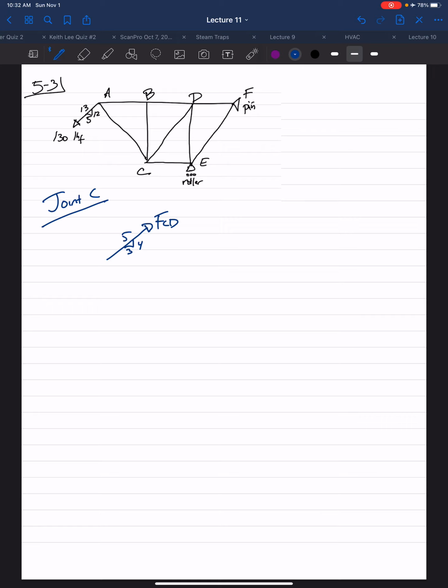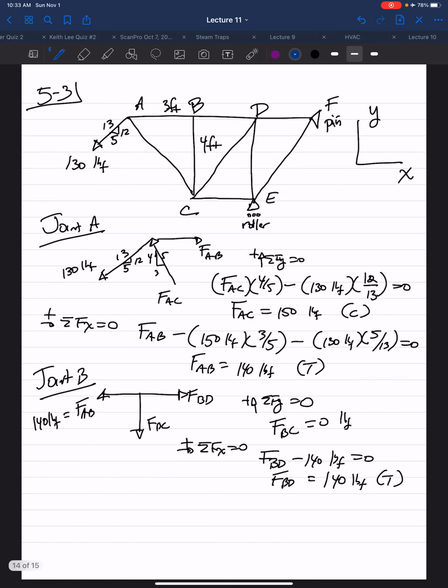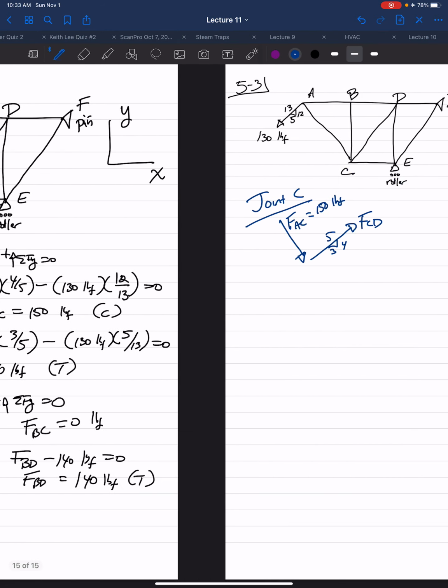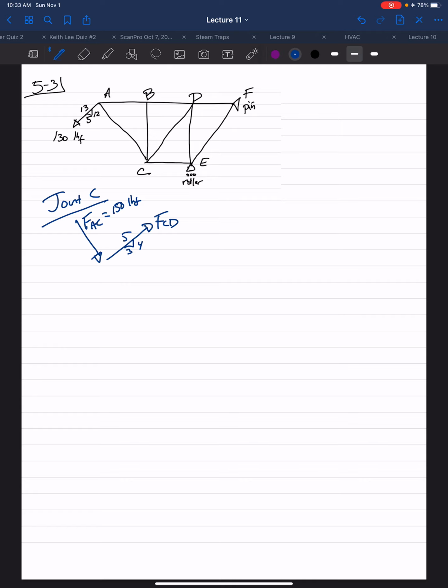We have FAC, which we said is 150 pounds force. We said FBC is 0. So AC, BC, CD, and our last unknown, which is FCE.